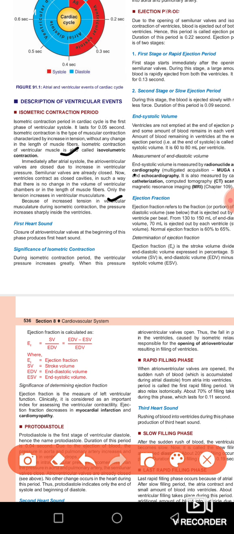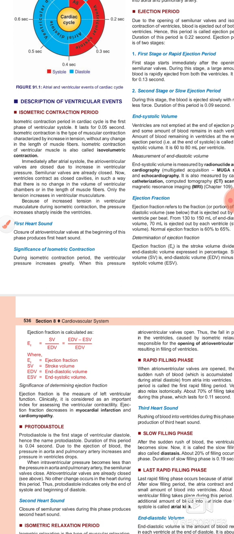So you have to remember what things happen in the isometric contraction period. First, this period is isovolumetric, because the volume stays the same and the length also stays the same. Length is the same, volume is the same, and pressure increases, and tension also increases.